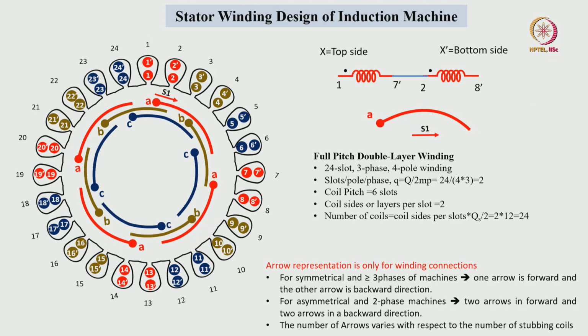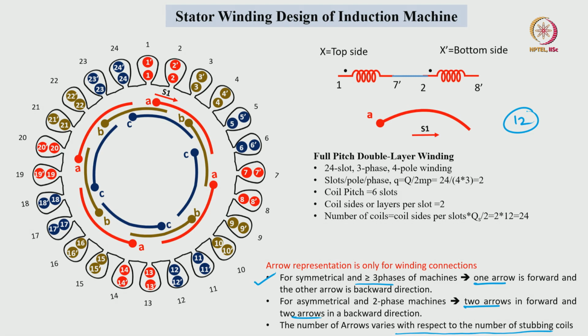For that we will follow the arrow check representation. For symmetrical and greater than 3 phase machines, one arrow will be forward and one arrow will be backward direction. For asymmetrical and 2 phase machines, 2 arrows will be forward and 2 arrows will be backward direction, and the number of arrows will vary with respect to the stubbed coils. Let us say 24 stubbed coils are there, 24 arrows, 12 stubbed coils are there, 12 arrows.